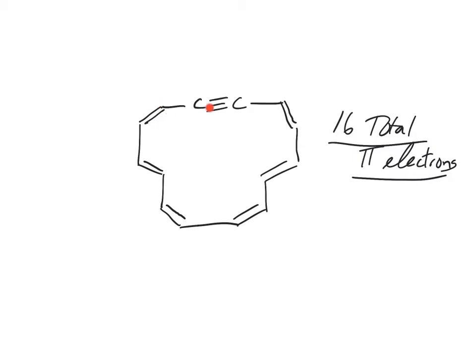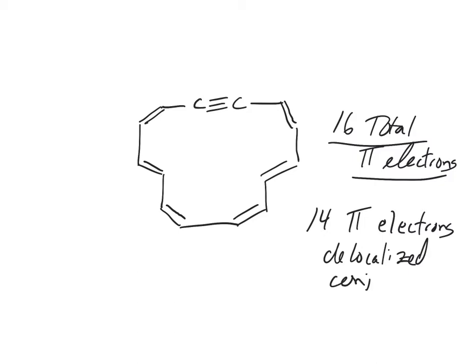So it'd be 1, 2, because the other pi bond is perpendicular, 90 degrees away from this p orbital system. 1, 2, 3, 4, 5, 6, 7. 7 times 2, there's actually 14 pi electrons that are actually delocalized, or in conjugation, or part of the p orbital system.